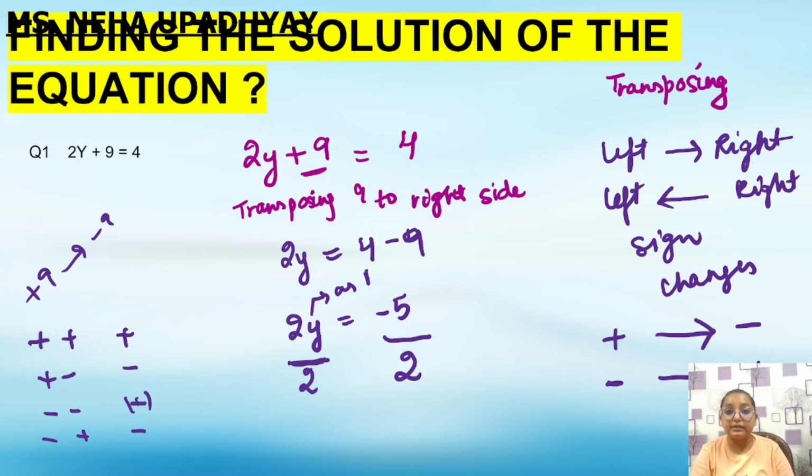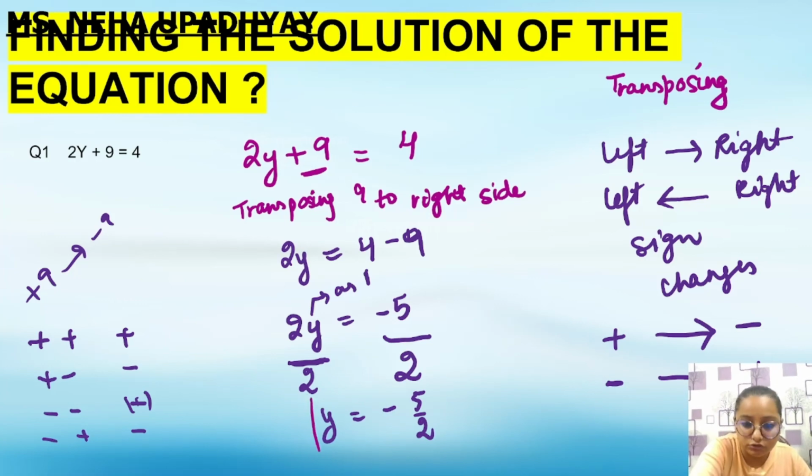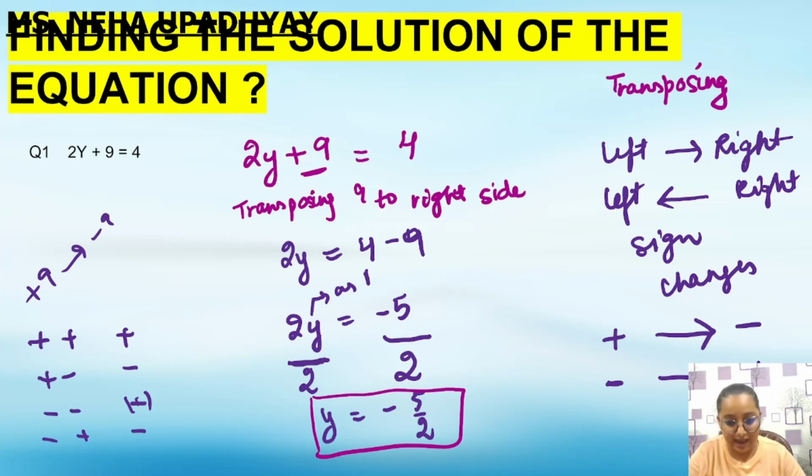When we divide 2 by 2, we get 1. So y is equal to minus 5 by 2. This is the solution of the equation. We get the value of y as minus 5 by 2.